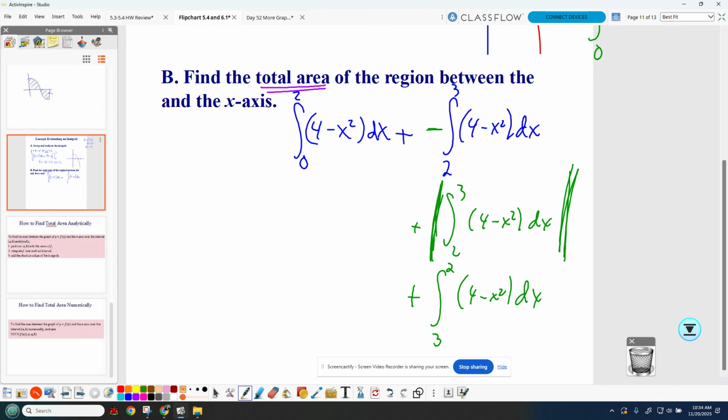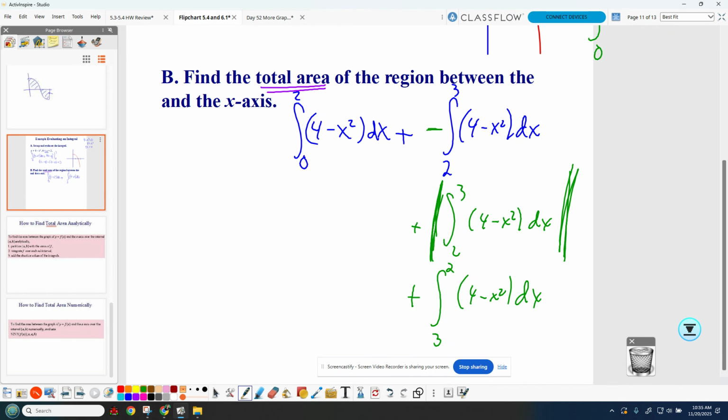And sometimes they have multiple choice questions that are, hey, all of these can be used to find the total area. Which one does not work? Or they'll say something like set up but do not evaluate. And you have choices. A whole bunch of things are okay.